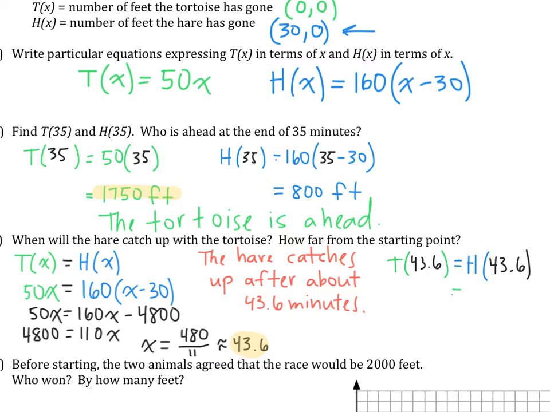So that's going to equal 50 times 43.6, which is 2,180 feet. So how far from the starting point? 2,180 feet is where they both are.